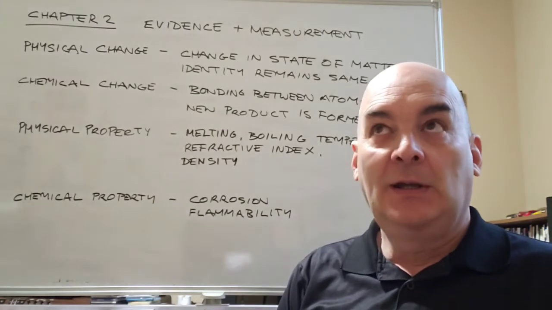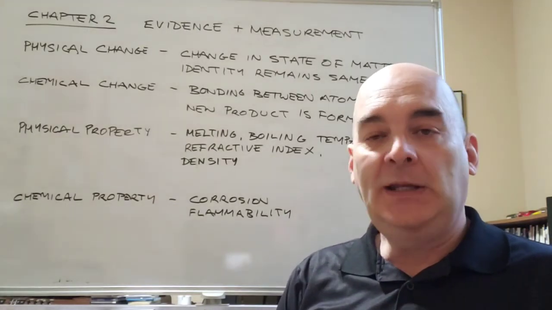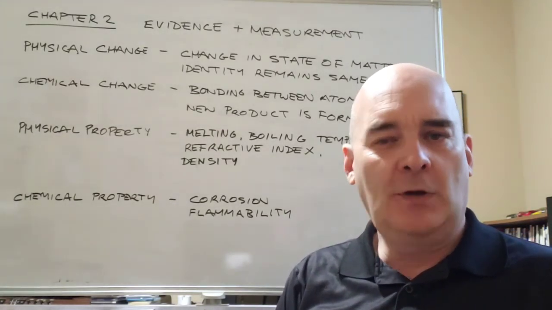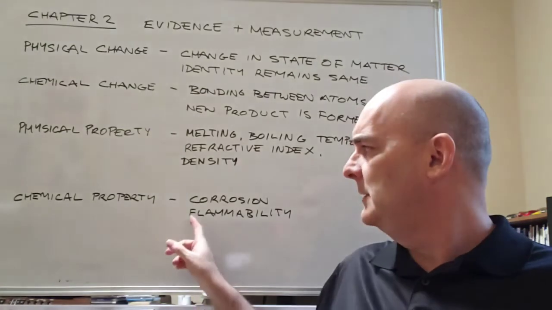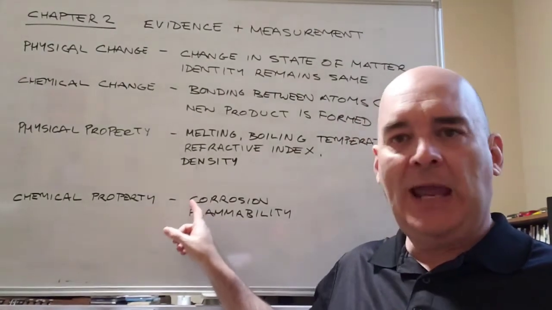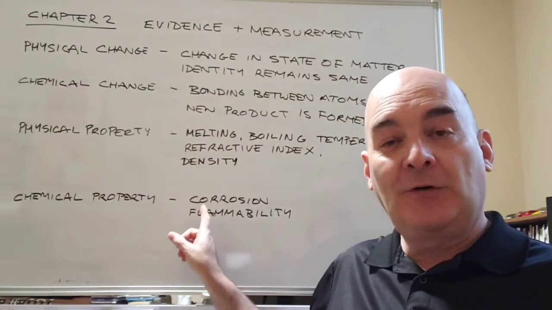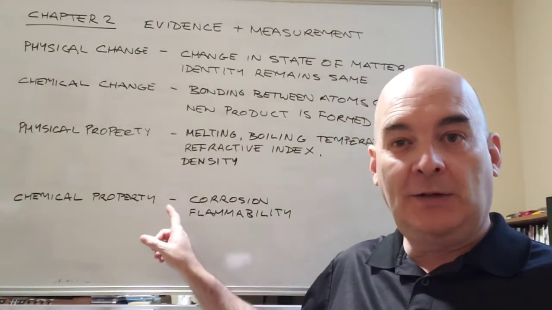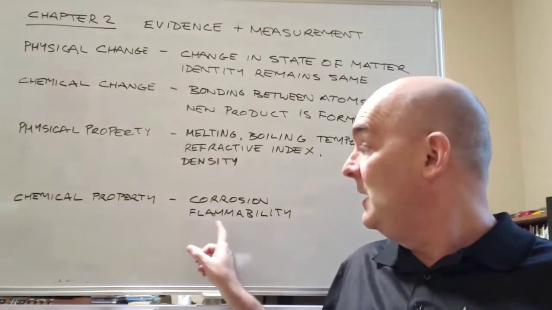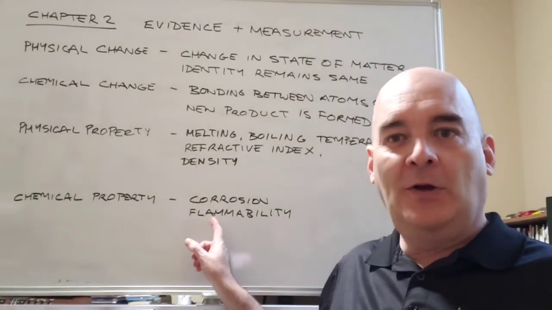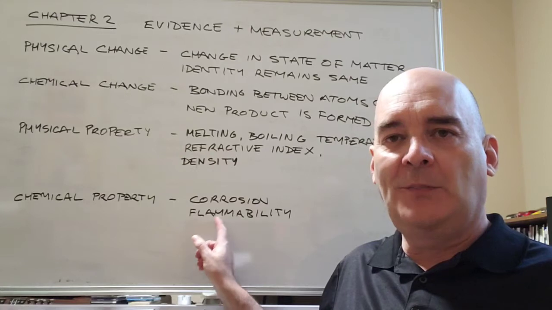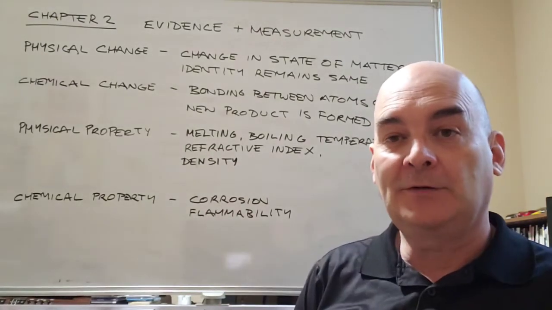Some things catch on fire very, very easily, and others do not. These are chemical properties because at the end of the day, the rust on the iron is a different chemical composition than it was when it was pure iron. And whatever it is that you burn, you're going to combine with oxygen from the atmosphere, so you're going to make a new product.